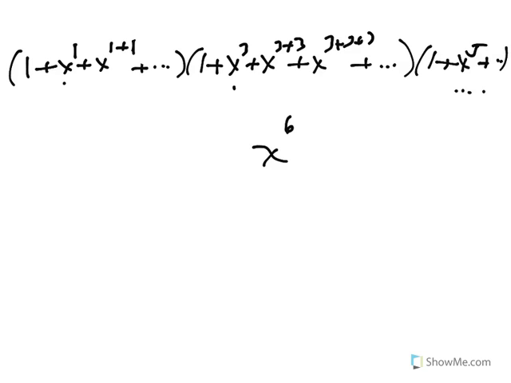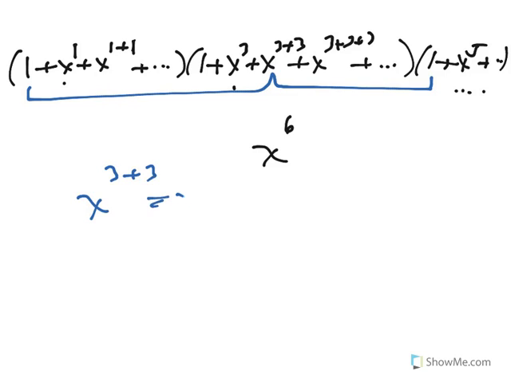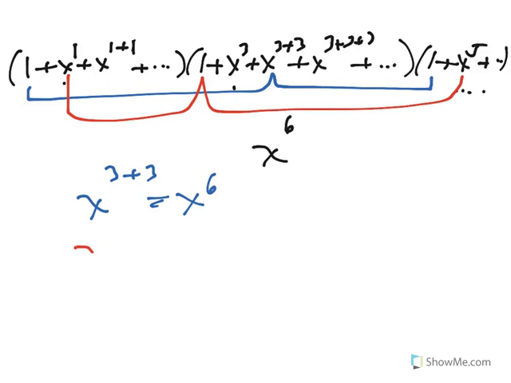Now, if I want to see what the x to the 6th coefficient is going to be, how can I get x to the 6th? Well, one way is to use the x to the 3 plus 3 with the 1s from the other parentheses. And if I do that, I have x to the 3 plus 3 equals x to the 6th. But another way would be to use this x to the 1st with this 1 with this x to the 5th, and I get x to the 1 plus 5.